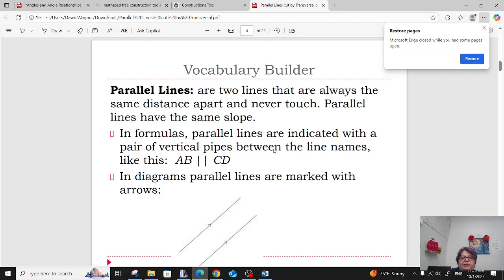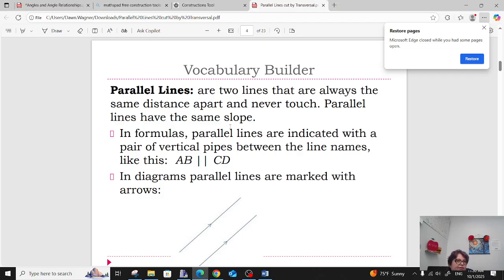Okay, parallel lines are two lines that are always the same distance apart and never touch. Parallel lines have the same slope. In formulas, parallel lines are indicated with a pair of vertical pipes like this, which we talked about before.